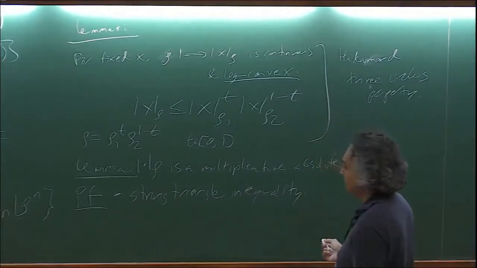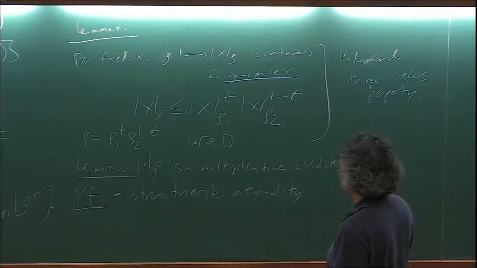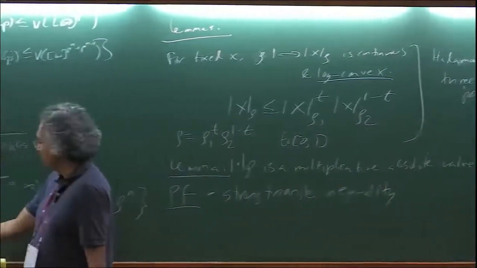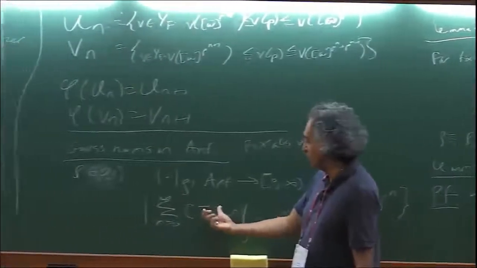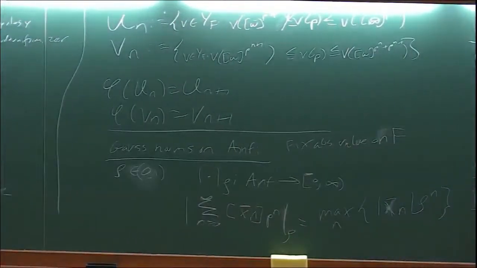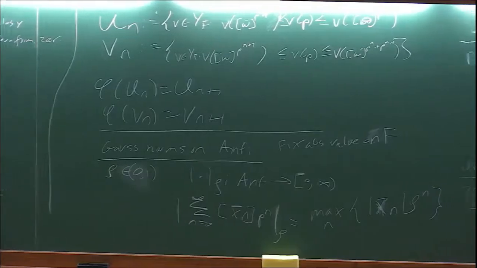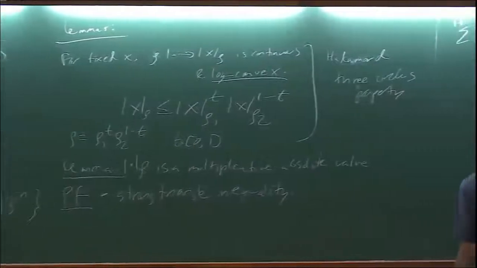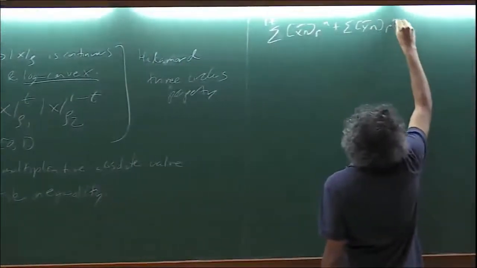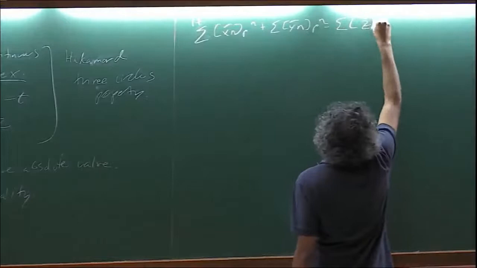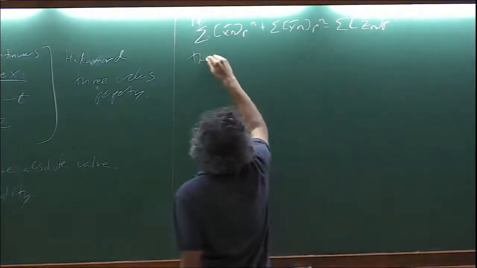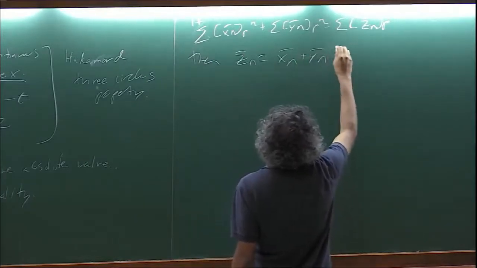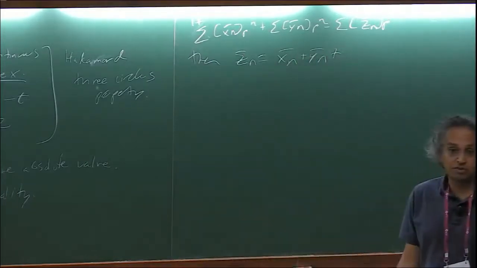So right, for the strong triangle inequality, there's something to prove because the effect of addition is not simply to add coordinates. If the sum of x_n p^n plus the sum of ȳ_n p^n equals the sum of z̄_n p^n, then z̄_n is equal to x̄_n plus ȳ_n plus some correction term.